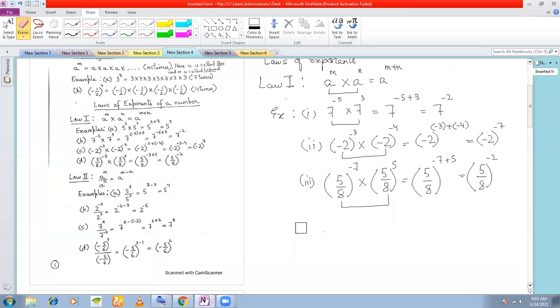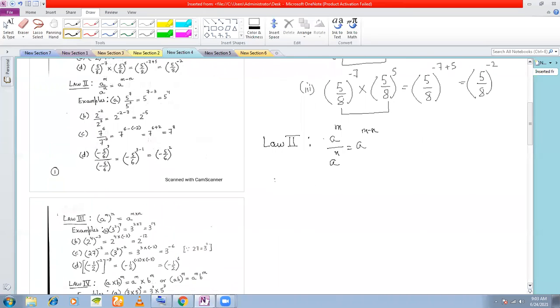Move on to the next law of exponents. Law 2, which is a to the power of m by a to the power of n is equal to a to the power of m minus n. Examples of this can be, say the first one, 5 to the power of 7 by 5 cube.